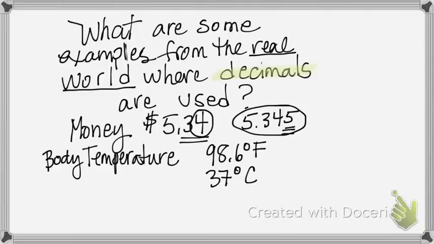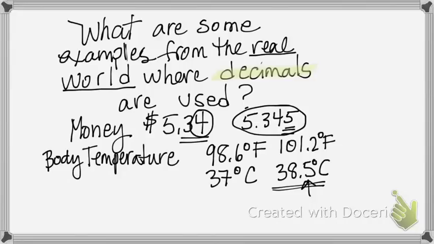But those thermometers will register, for example, maybe 38.5 degrees Celsius, and you might have a bit of a temperature there. It could be any number of different temperatures. But yes, decimals are used there because one decimal place, especially when you're talking Celsius, can mean a great deal. We usually talk in terms of just going to the tenths place, though of course you could go to the hundredths.